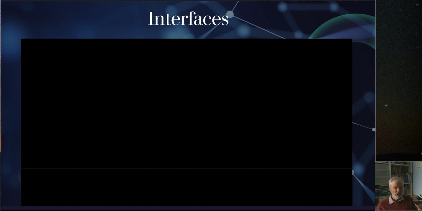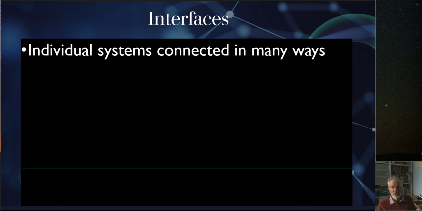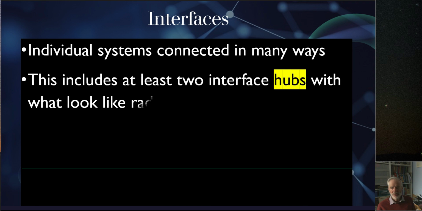Now let's move on to that network of interfaces I was just talking about, right? So individual systems are connected in many ways, and two notable examples I'm going to talk about now, which we can call interface hubs, because they have many connections.